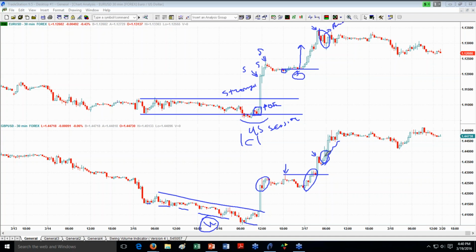Secondly, this is a continuation trade right here after the reaction, so we might establish a position right here. So this is how we would be constantly looking at both of the currencies, and we would be comparing all of the swings to the upside, downside, and we would be basing our selection on how this strength and weakness changes.